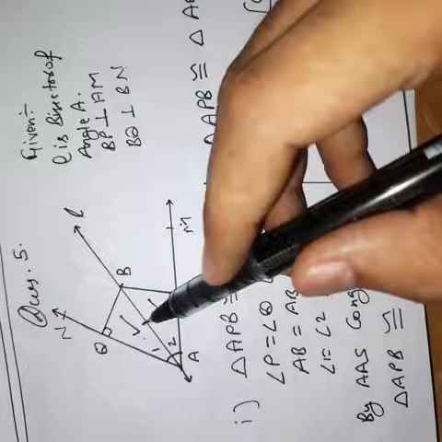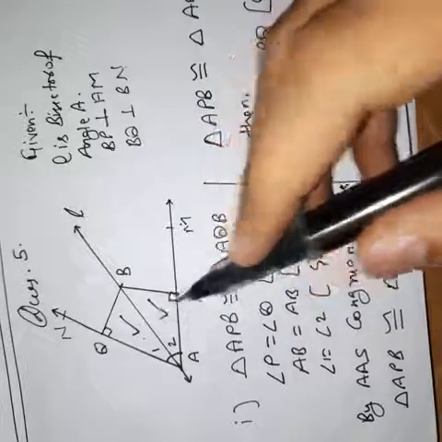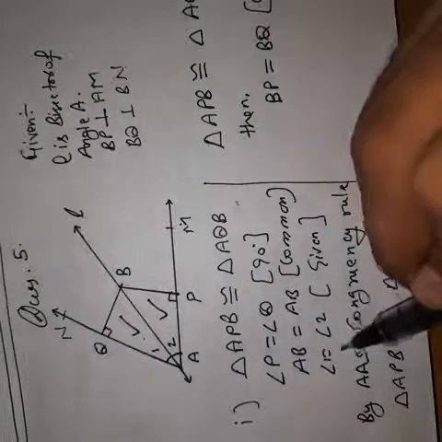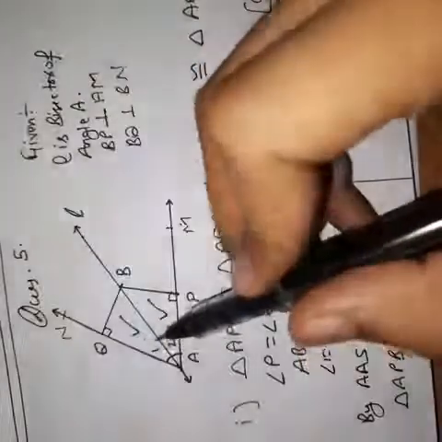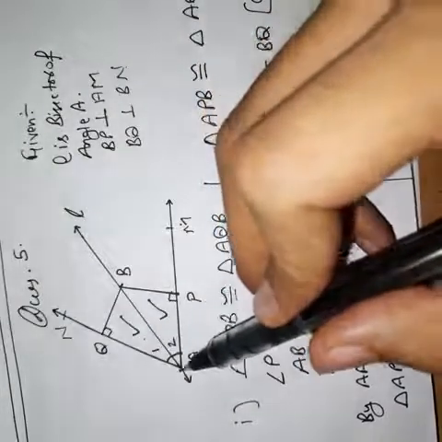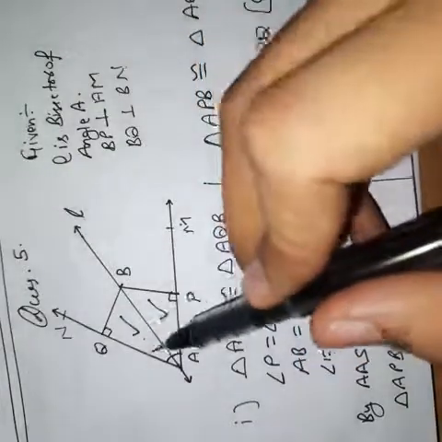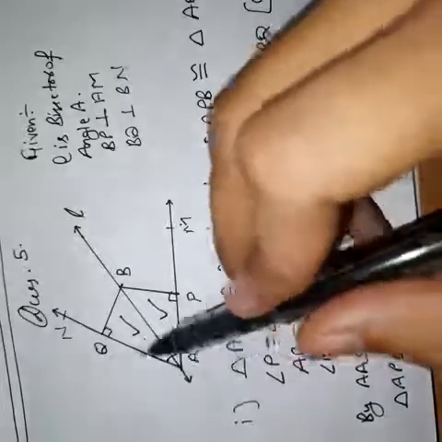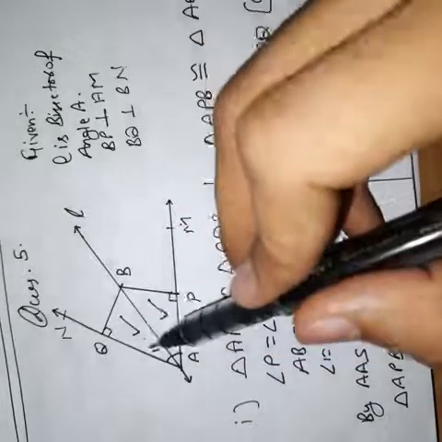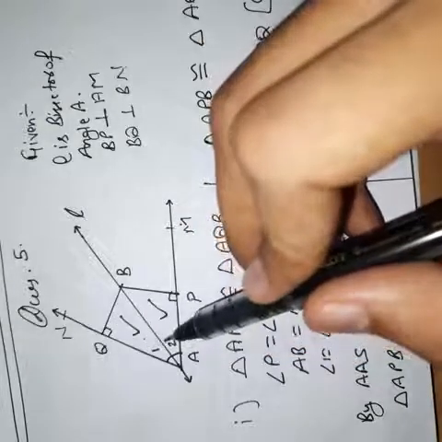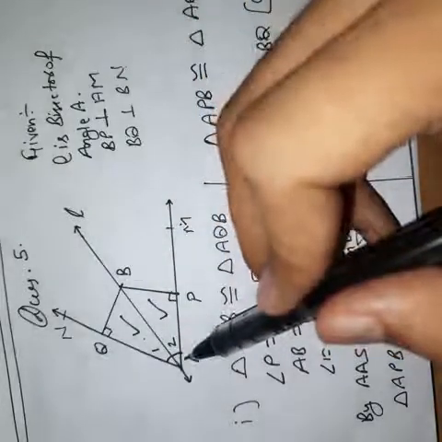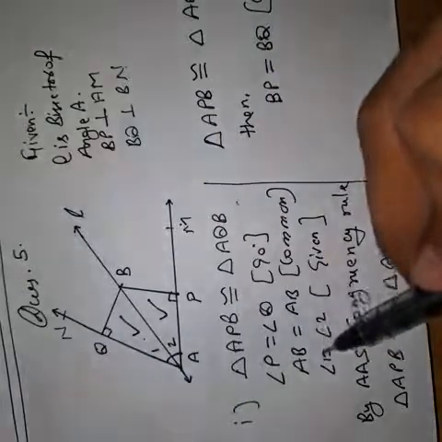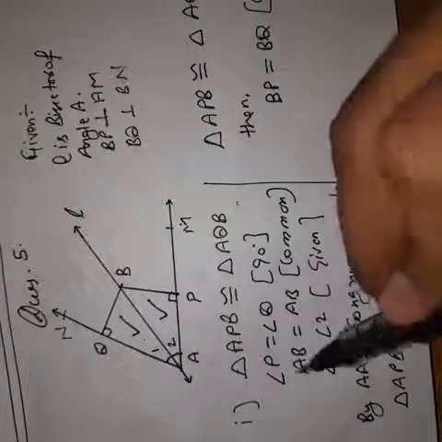A side is the same, so a side is always equal to itself. And it is also given that angle 1 is equal to angle 2. Angle 2 of triangle APB is equal to angle 1 of triangle AQB, because line L is the angle bisector of A, so it divides it into two equal parts.